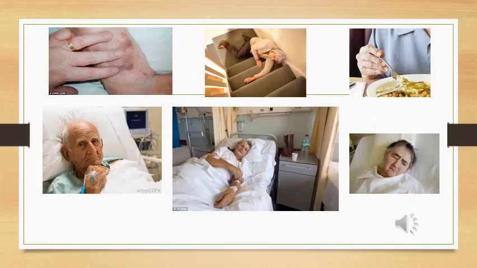When elderly individuals are admitted into the hospital, their substance abuse issue is often overlooked because the symptoms are often similar to other health issues commonly seen in older individuals.